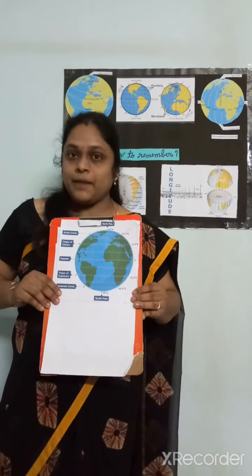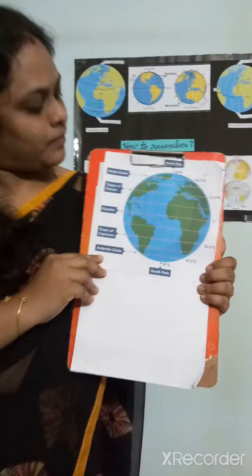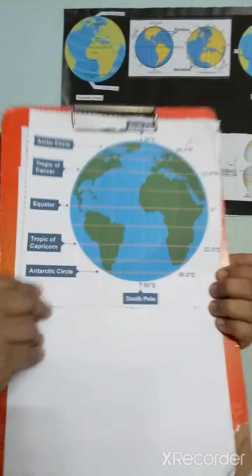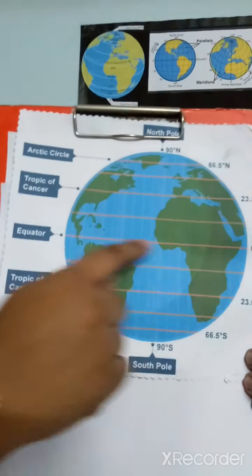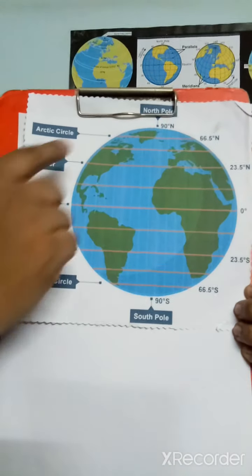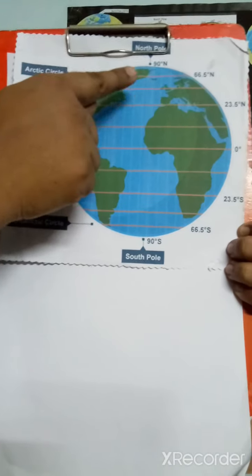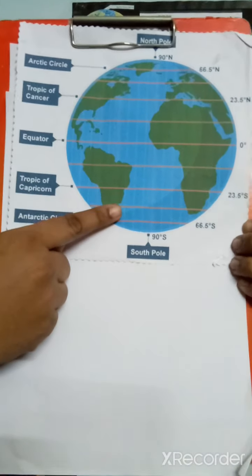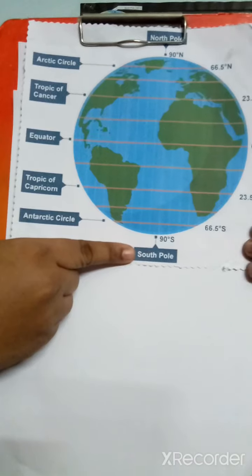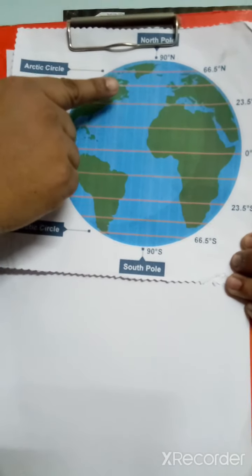So, let's study some important latitudes. See here. You know that the equator is marked at 0 degrees. There are two important latitudes towards the northern hemisphere, towards the North Pole, and two important latitudes towards the South Pole. What are the important latitudes in the northern hemisphere?